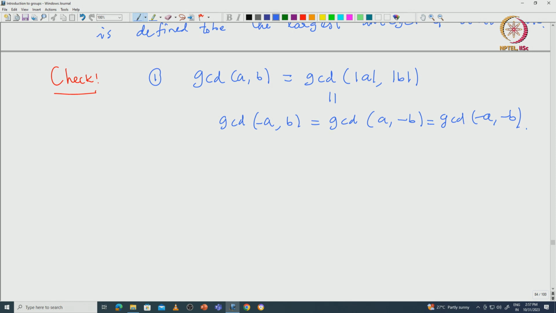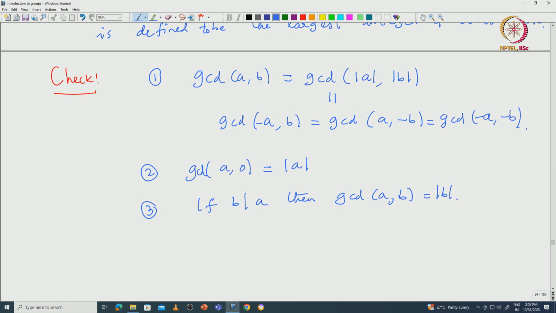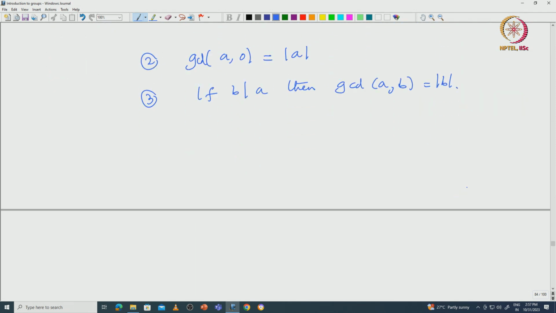This is easy to verify. And if you take GCD of A comma 0, then that must be the absolute value of A. Similarly, if B divides A, then the GCD of A comma B must be the absolute value of B. So, GCD must always be positive.